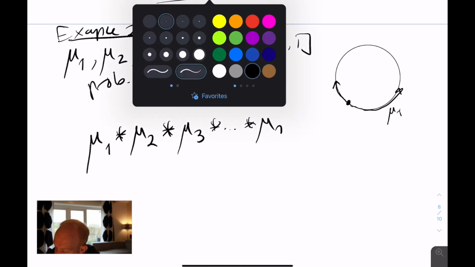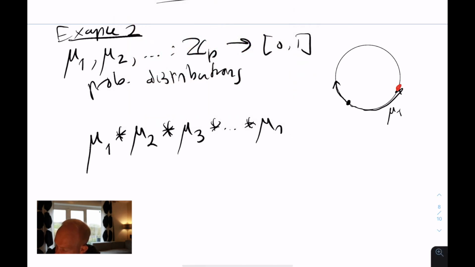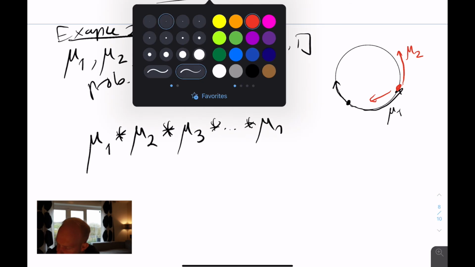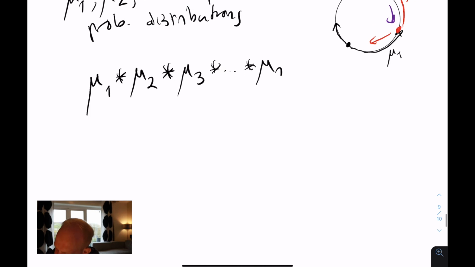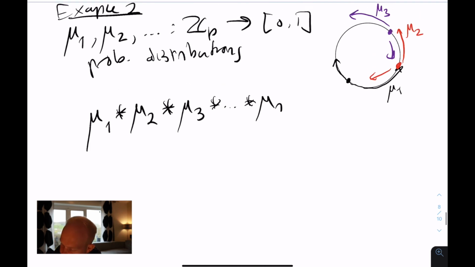Once we are in the second stage, over here, we choose where we go from here with probability mu2. So the choices, after you choose from here and here, this is mu3, might change on every step. But still, you can do the same kind of analysis in this situation.